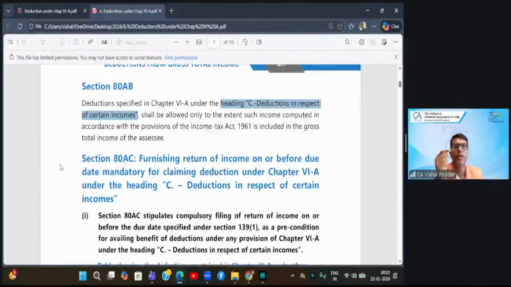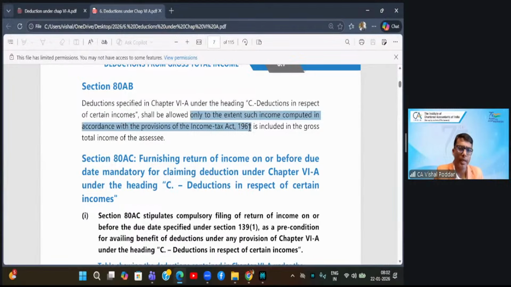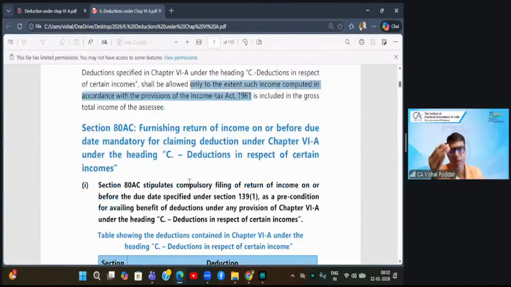Now, an added condition given over here is that this deduction will be allowed only to the extent the income is computed in accordance with the provisions of the Income Tax Act. It means the deduction will not be allowed on the basis of your accounting calculation. The deduction will be allowed on the basis of your income tax calculation, in other words, PGBP calculation. So whatever is computed as PGBP income, of that I will allow you deduction.